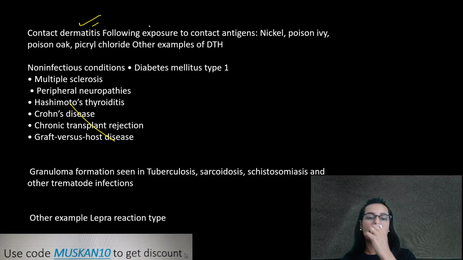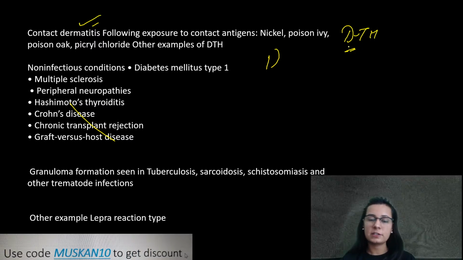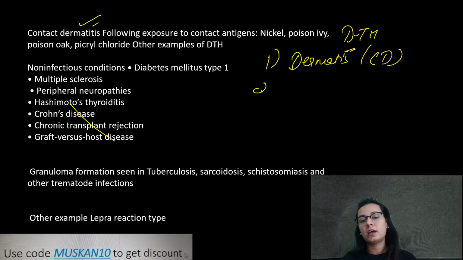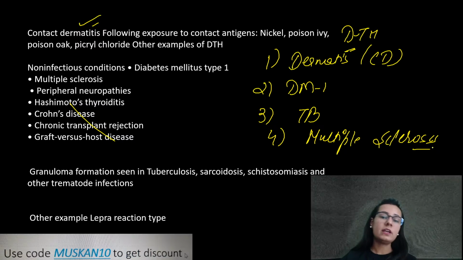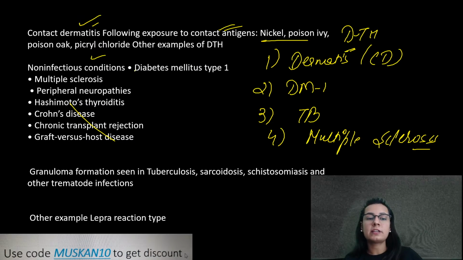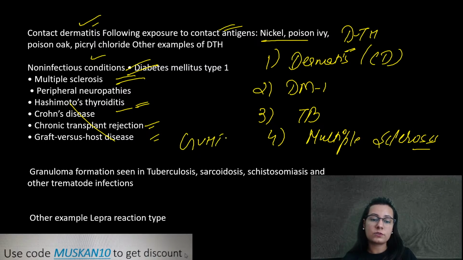Now, contact dermatitis following exposure to contact antigens, we studied four classical examples of delayed type hypersensitivity. That is contact dermatitis, diabetes mellitus type 1, TB, and multiple sclerosis. When we talk about dermatitis, that is due to exposure to contact antigens like nickel and poison ivy, and the non-infectious conditions, that is diabetes mellitus type 1, multiple sclerosis, Hashimoto's, Crohn's, transplant rejection, and graft versus host disease.